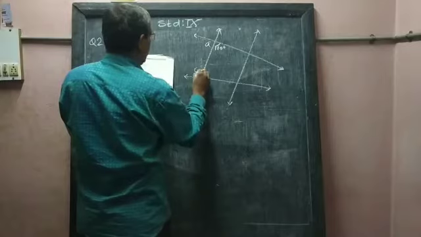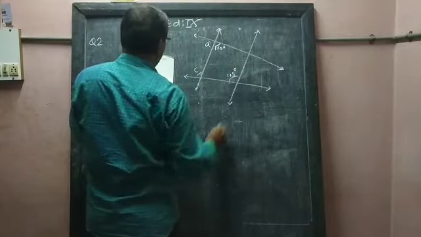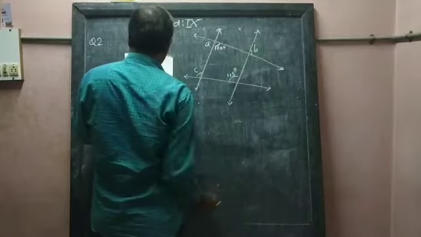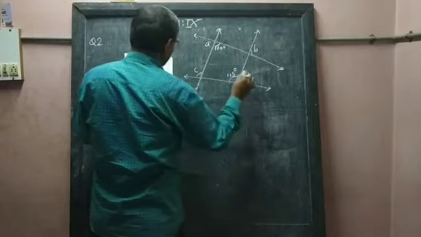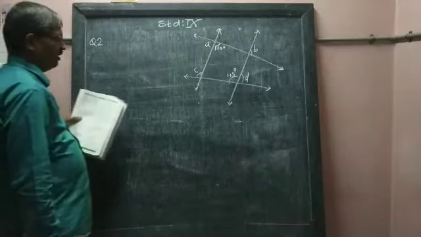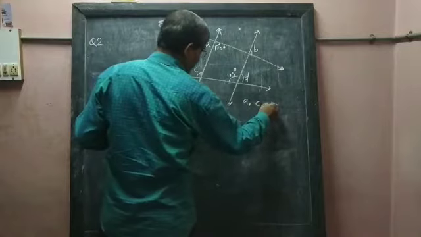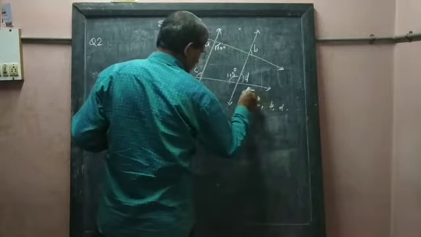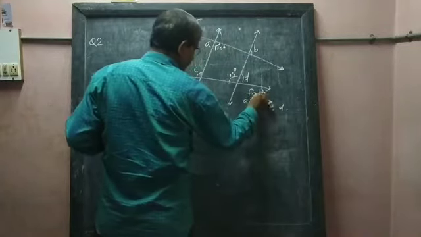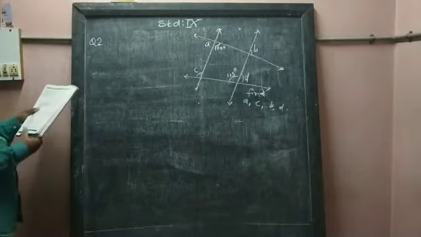Here it is C, here 115. This is B, this is D, and 115 is given. You should find A, C, B, and D. Here naming is not given, no matter. What is given, that much only we will take.